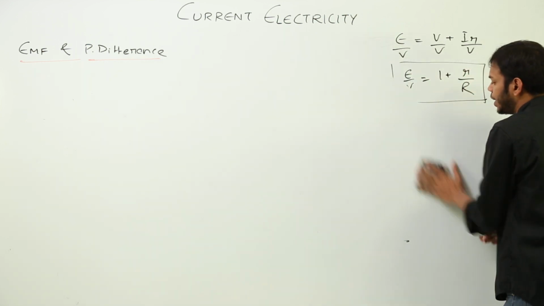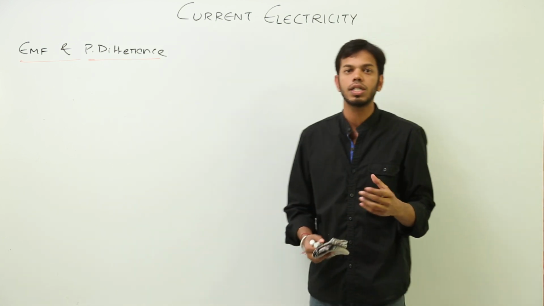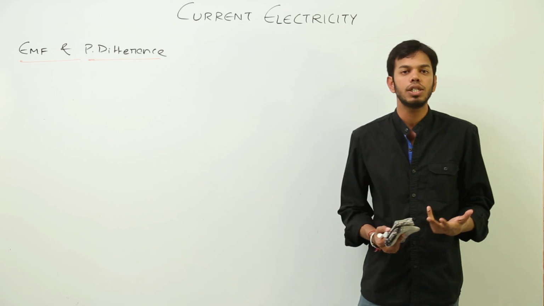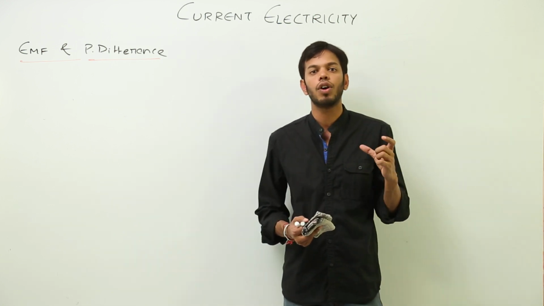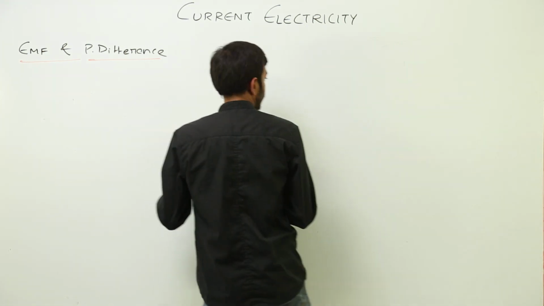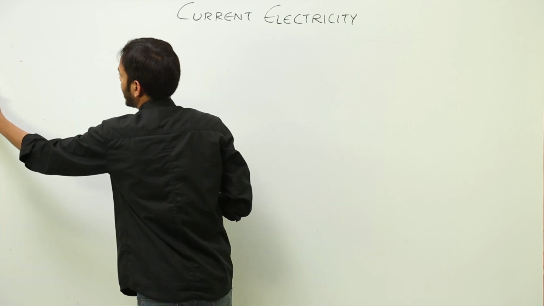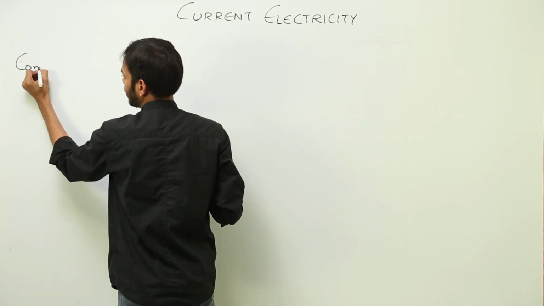What do you do? You connect them in series or in parallel. You always connect them in series because you get the net voltage to be 3 volts, because each is of 1.5 volts, right? Now we are doing cells combination.